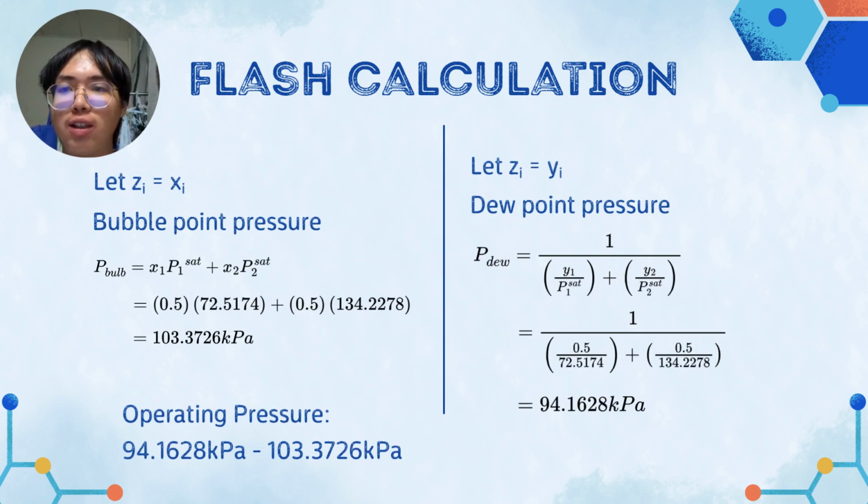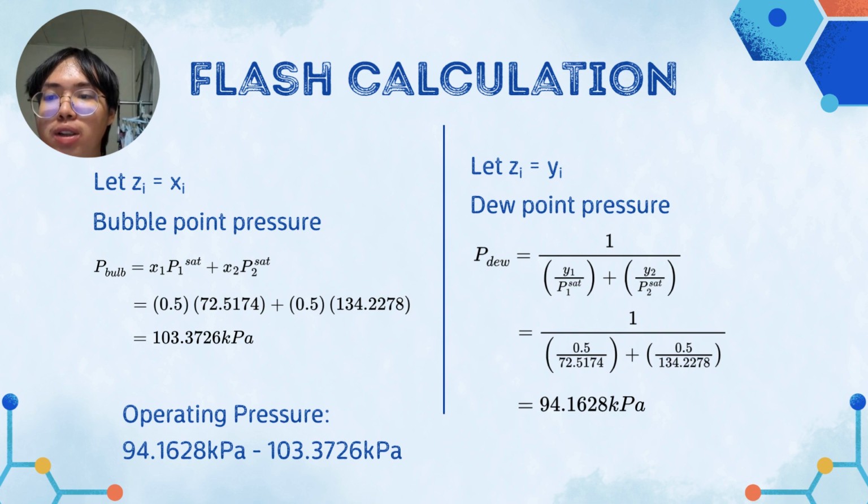After finishing calculating the vapor pressure using the Antoine equation, we are moving on to bubble point pressure and dew point pressure. Bubble point pressure is equal to X1 times P1 sat plus X2 times P2 sat, and we will get the final answer 103.3726 kilopascal.